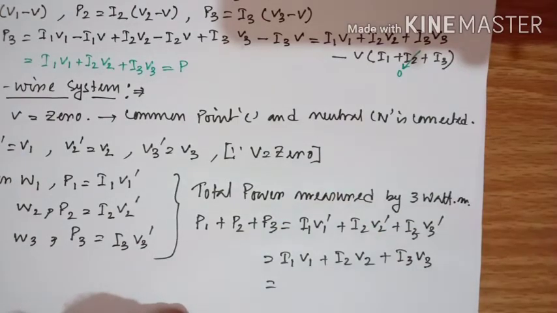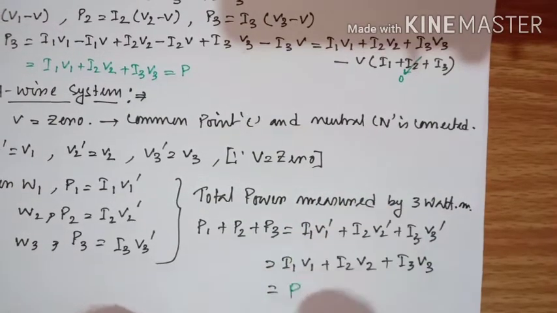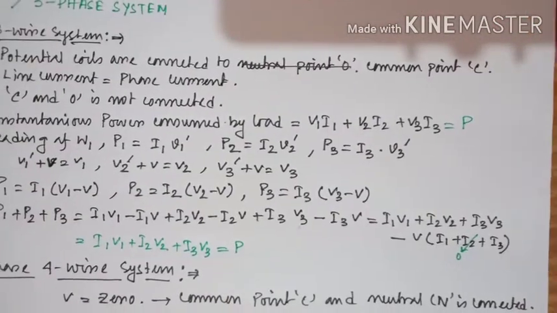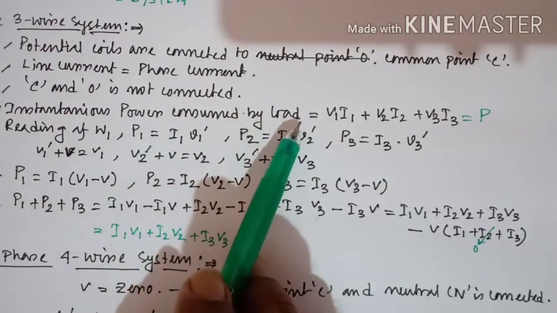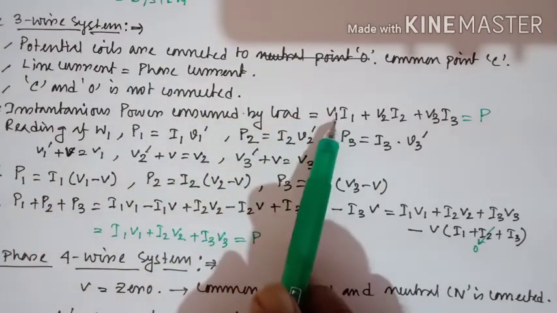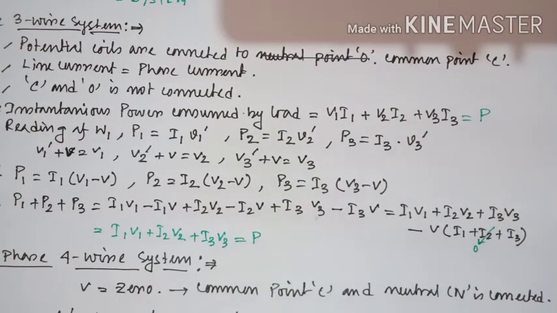That gives us the value P. P is the instantaneous power consumed by the load individually: load 1, load 2 and load 3.